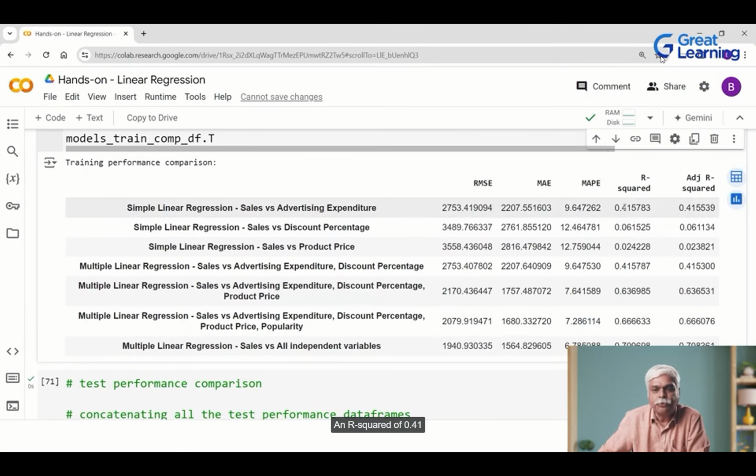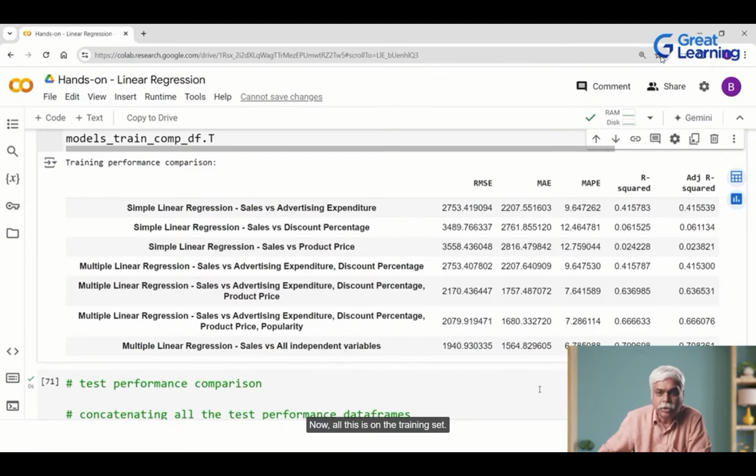An R square of 0.41, I'm reporting as an R square of 41%. I know I've been using this language interchangeably, but if you wish, you can stick to saying R square is 0.41. An R square of 41% only from sales, which corresponds to a mean absolute percentage error of about 9.64.